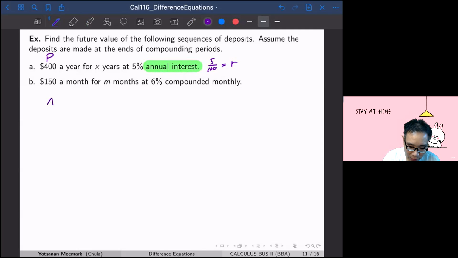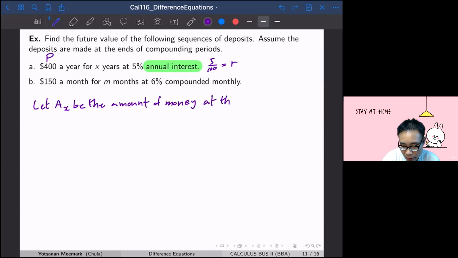So you have your A0. You let AX be the amount of money at the end of X years.